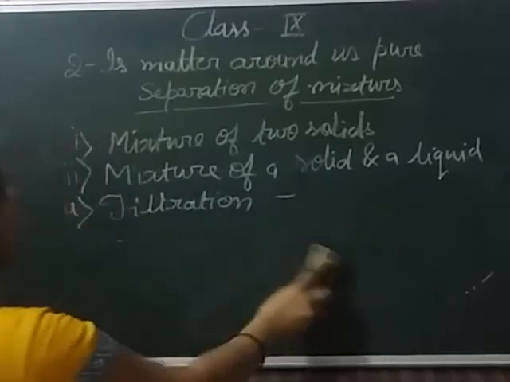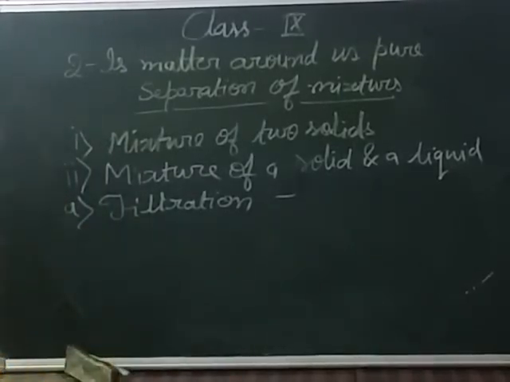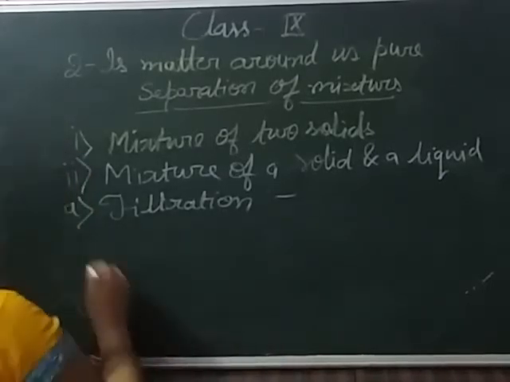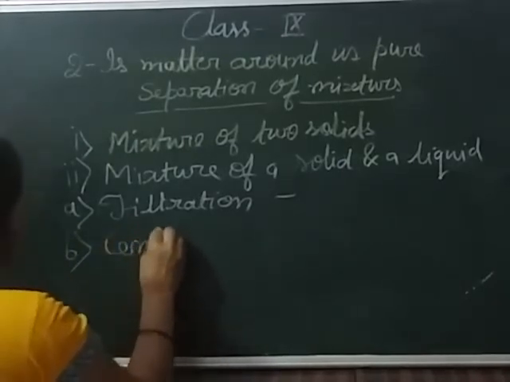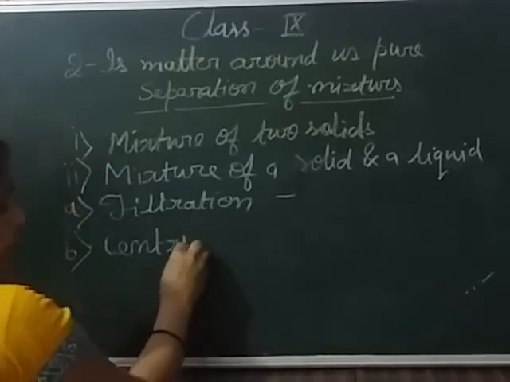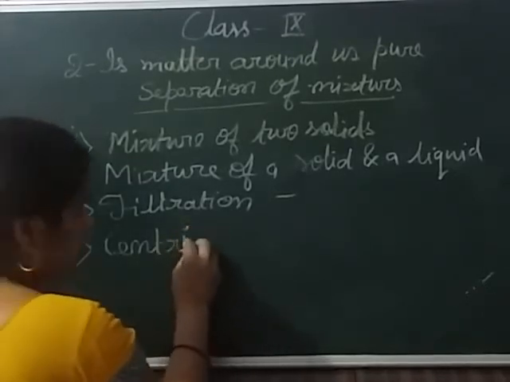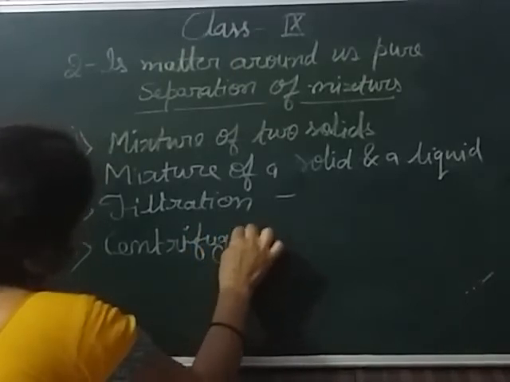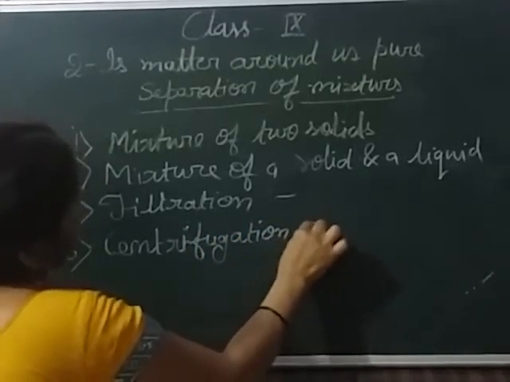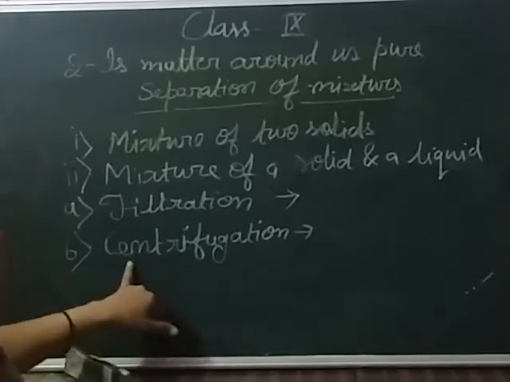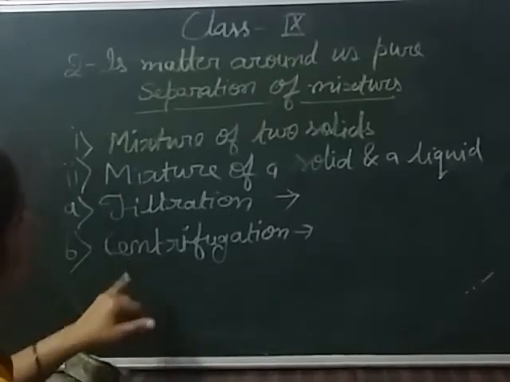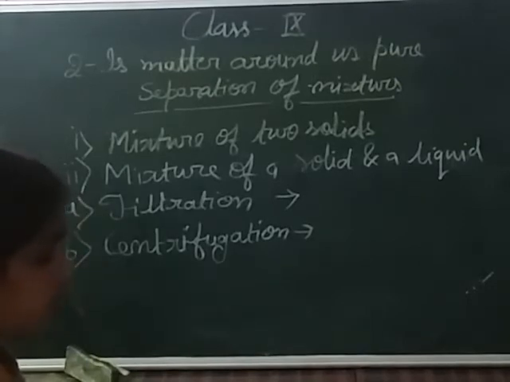The next process for separating a solid and liquid mixture is centrifugation. It is a very easy method. If a heterogeneous mixture has suspended particles present in the liquid, at that time we will use the centrifugation technique for removal of these suspended particles from the liquid.